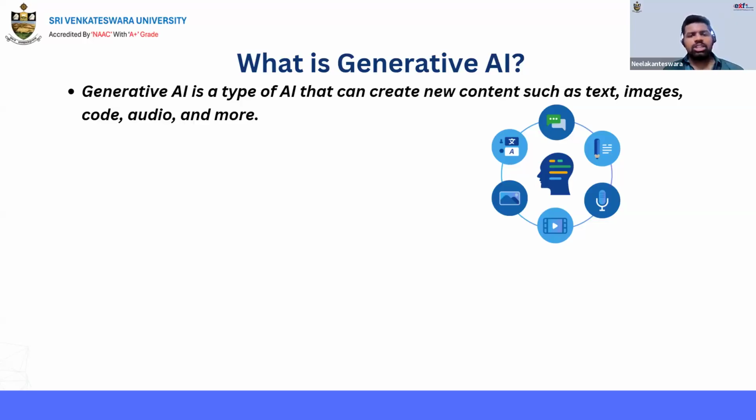In the term itself, it says generative AI, so the AI that can generate. It can generate any type of content: text, images, code, audios, videos. Each and everything it can generate.